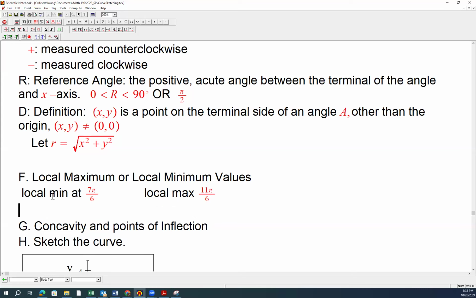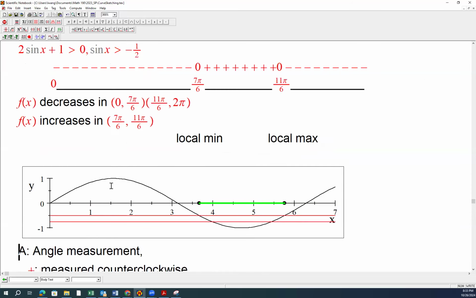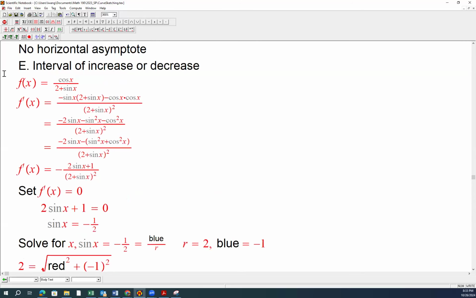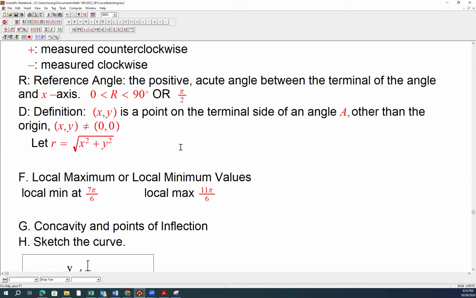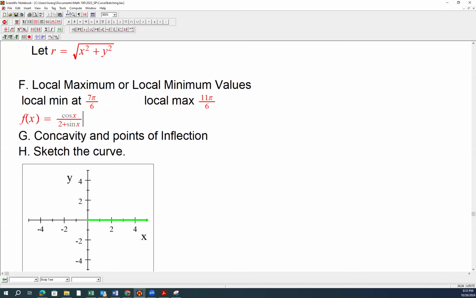What are the values? Let me bring function f with us. We're going to evaluate the local min and local max. 7 pi over 6, that's a local min.